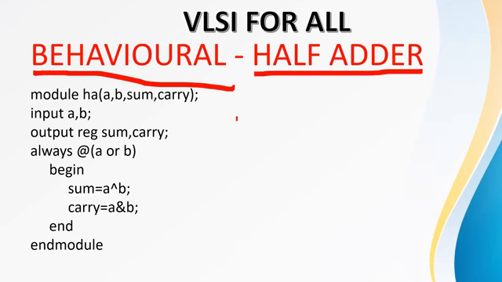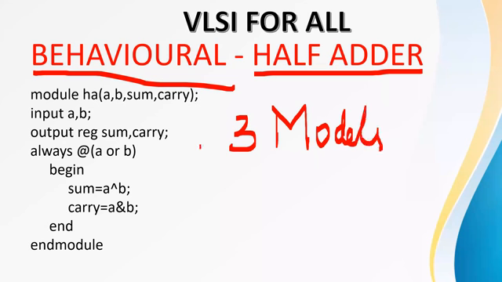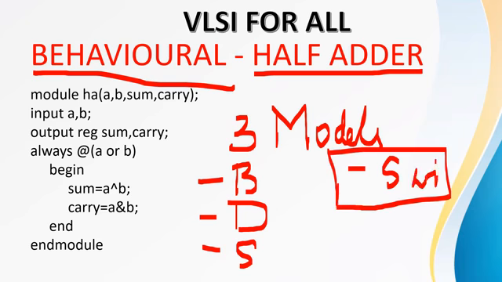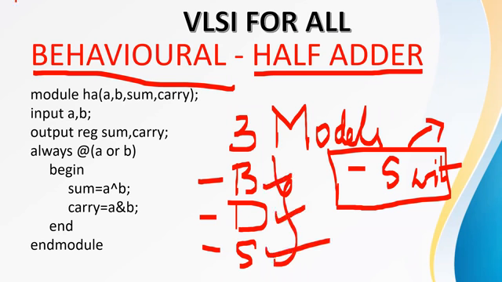We have three ways of coding, that is behavioral, data flow, structural, and also something called switch level. This is the exception case. We don't use it because it requires transistor switches. So we are not dealing with the switches. We only deal with these three: behavioral, data flow, and structural.